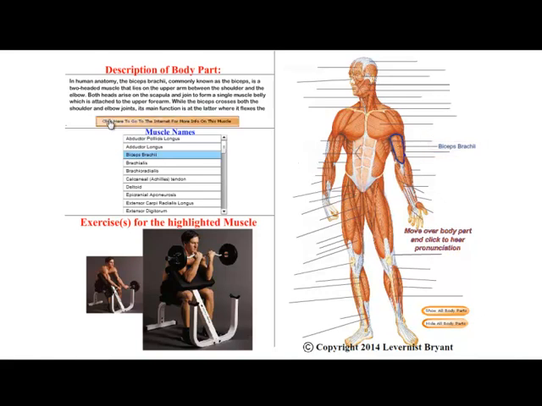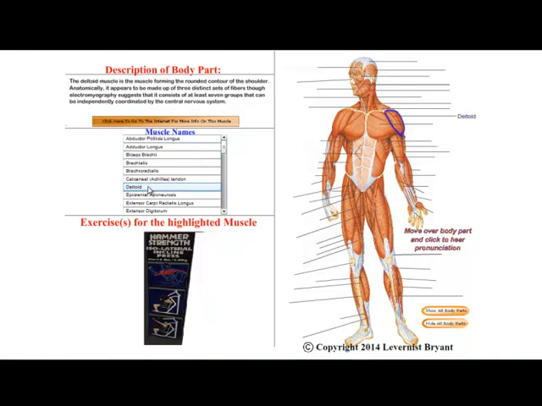You can go to the internet for that muscle. But here, instead of rolling over the muscle, you have a table that takes you to that muscle. For instance, if I want to go to the internet to get a further description of it, I click here, and it's taking me to the deltoid muscle, which is the muscle that I clicked on in the table.